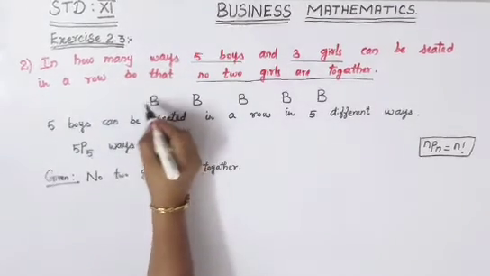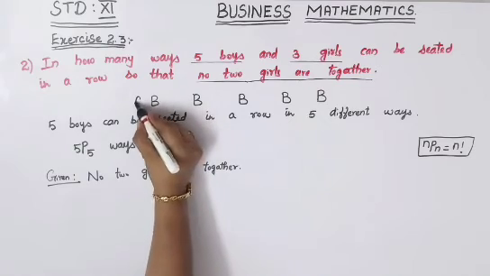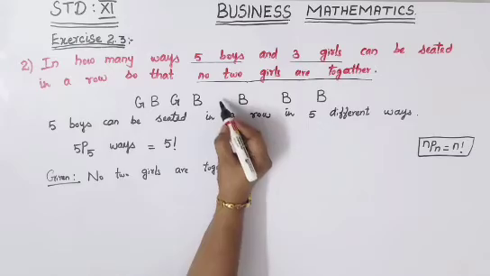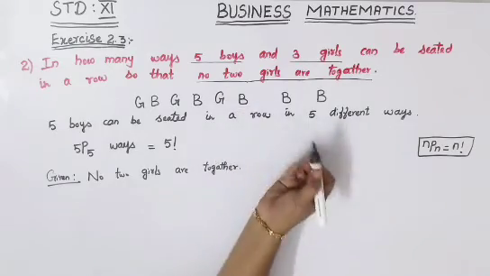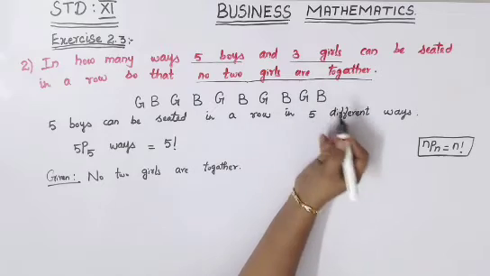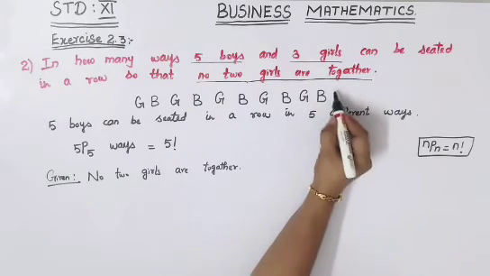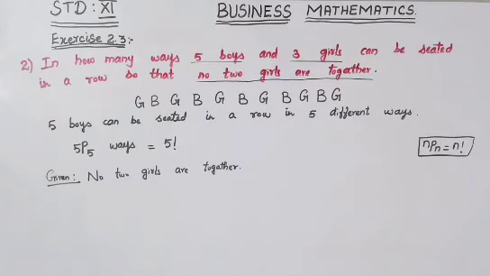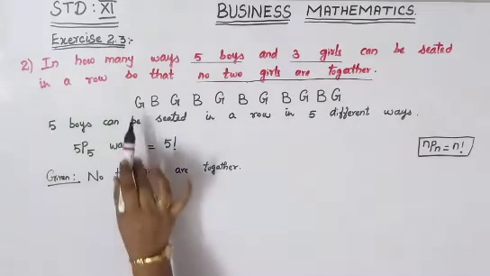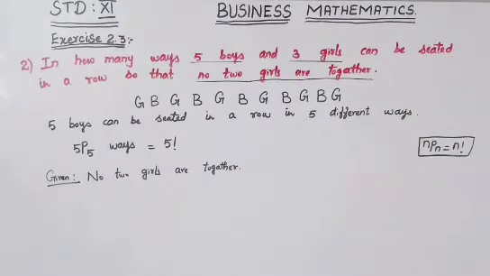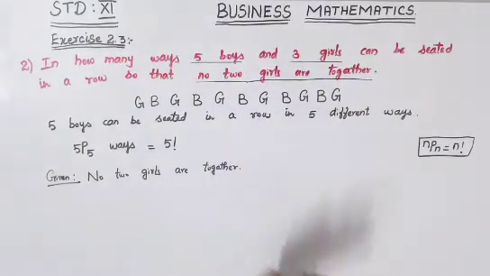Here one place is there, outside this boy you can give one place for a girl. And in between these two boys you can give one place. Again in between these two boys. Again in between these two boys. And outside this boy also one girl can be seated. Now check how many places the girls can be seated. Here 1, 2, 3, 4, 5, 6 places are there. But how many girls are there? Only 3 girls are there.